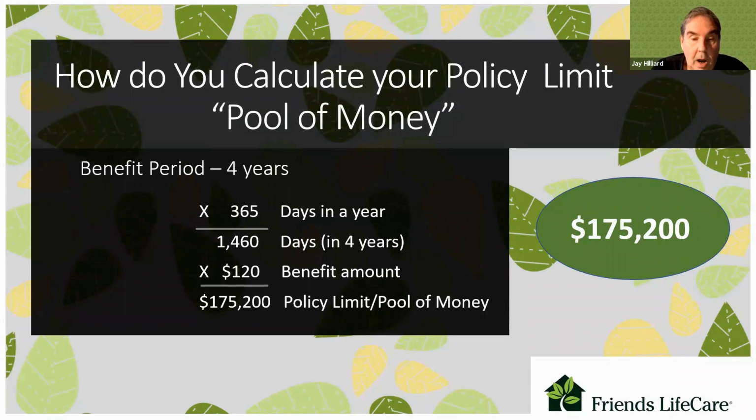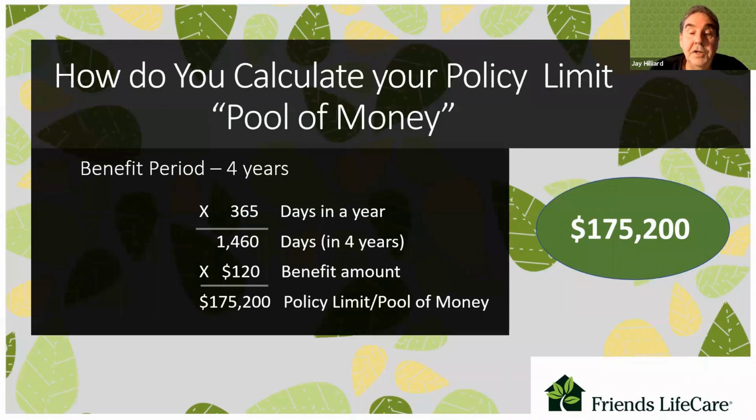How do we arrive at that benefit pool of money, the policy limit on the previous slide? This slide helps to understand where they came up with that number. Remember, in this example, this policy has a 4-year policy limit. There's 365 days in a year. You take 365 times 4.